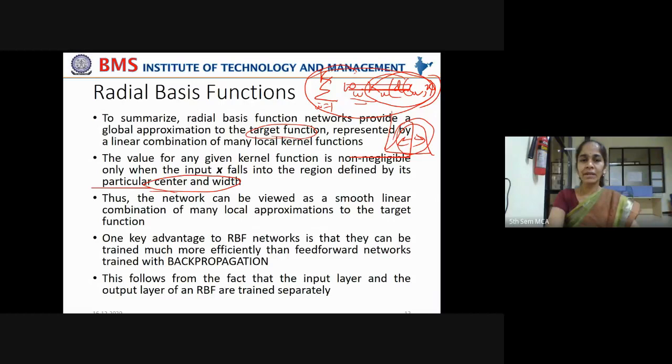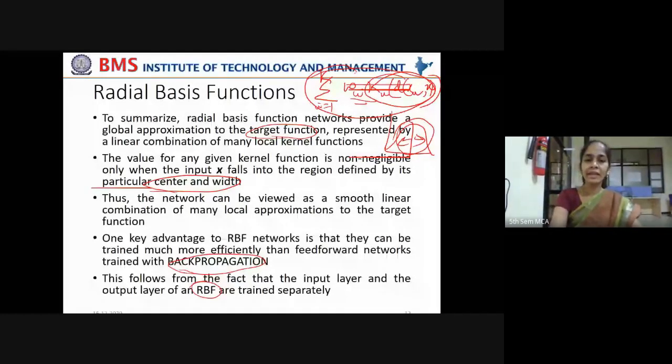Now, one key advantage of RBF networks is that they can be trained much more efficiently than feed-forward networks trained with backpropagation. So it is observed that radial basis functions are more efficient in performance when compared to backpropagation in neural networks. This follows from the fact that the input layer and the output layer of an RBF are trained separately.